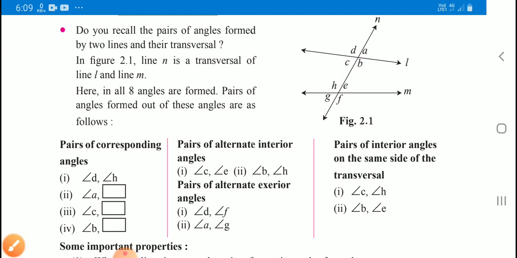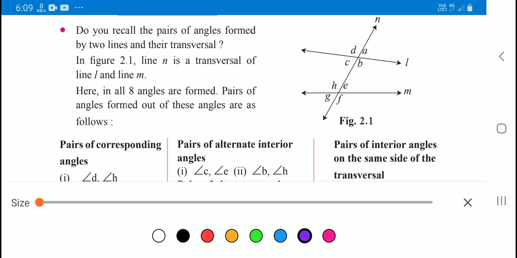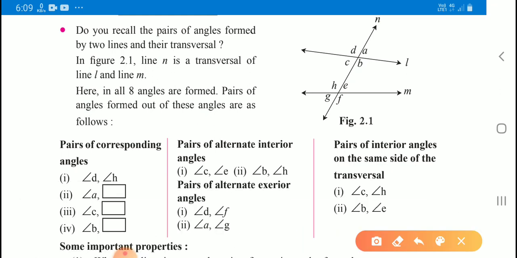Now in this figure we will see all these pairs. Okay, now here they given already pairs of corresponding angles.